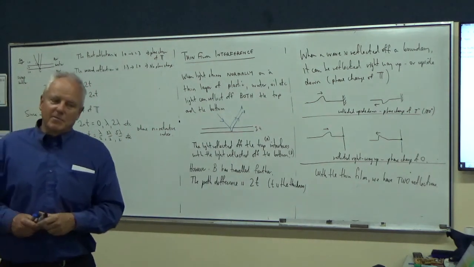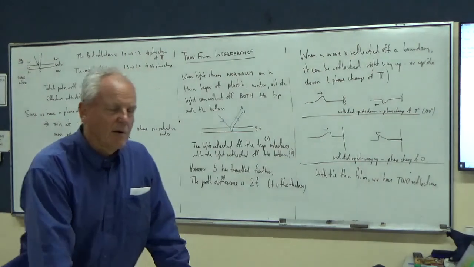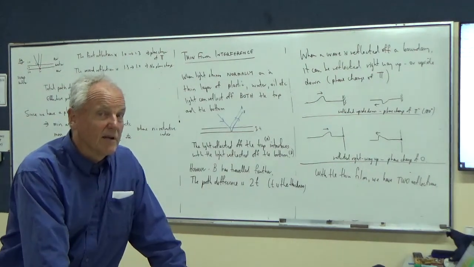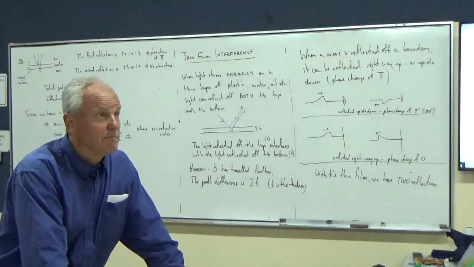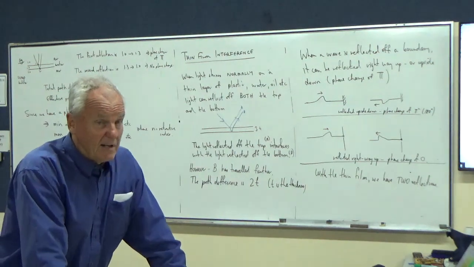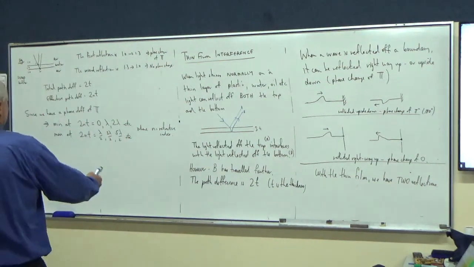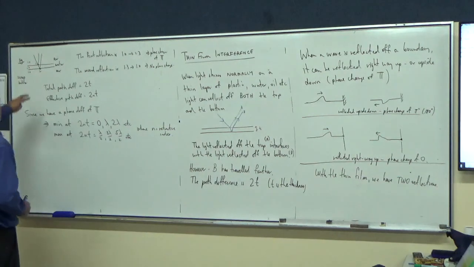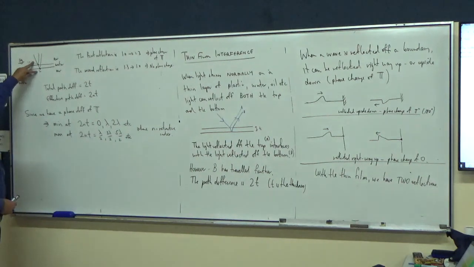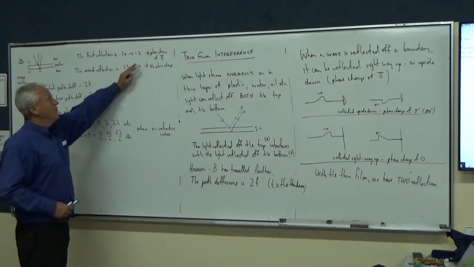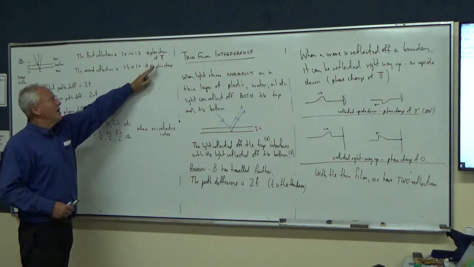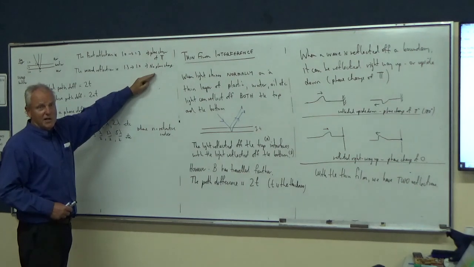It gets a bit tricky here because n can sometimes stand for which maximum you mean, or n could stand for the refractive index. So n is standing for the refractive index here. So we need to worry about what's happening at each interface. They're different. One's giving a phase change of pi, the other's giving no phase change.